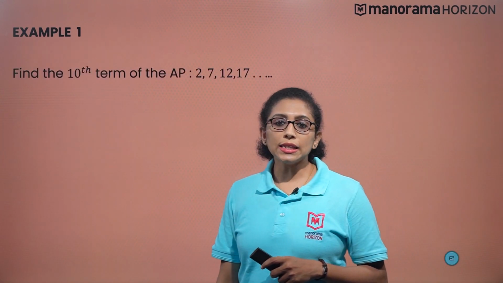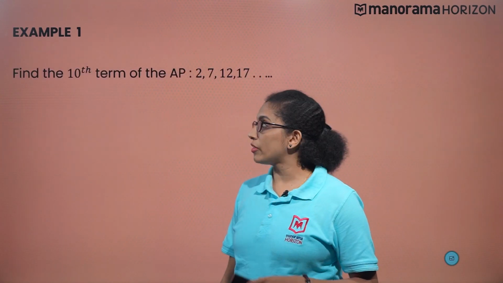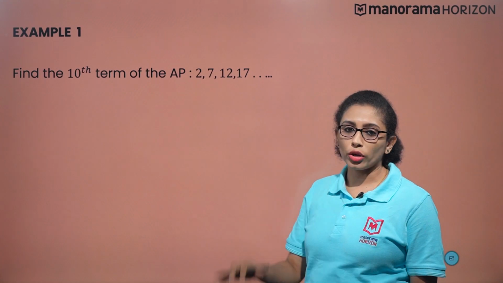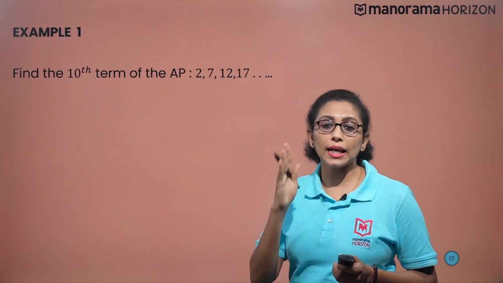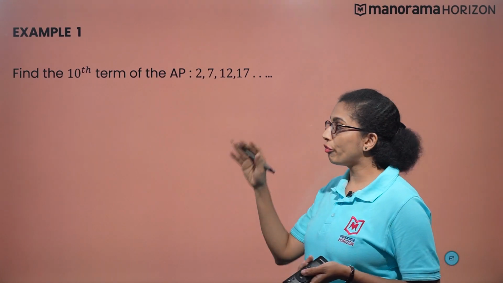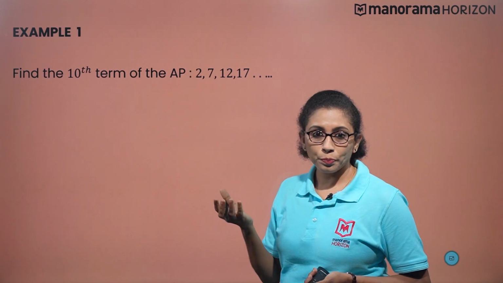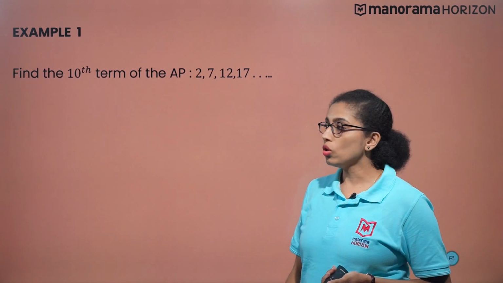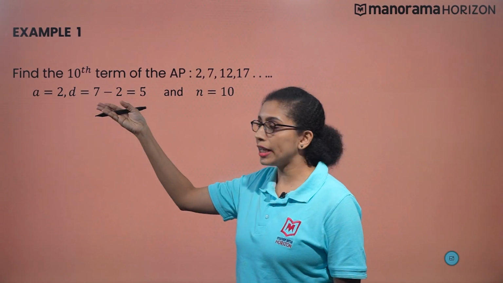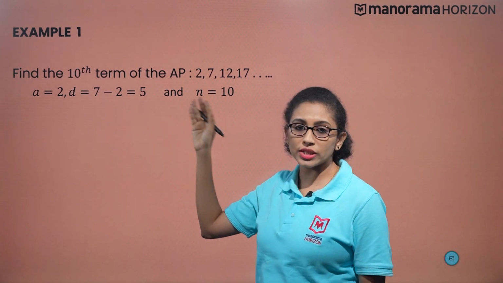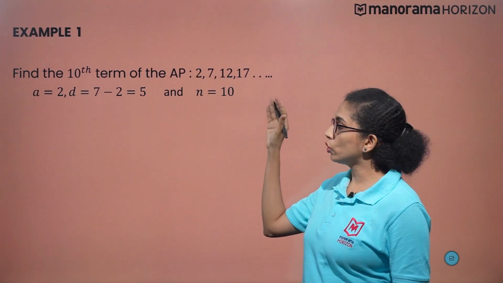Find the 10th term of the AP 2, 7, 12, 17, and so on. Here we have to find the 10th term, right? So, from the question, we can get the values of the first term and common difference. So, we get a equal to 2, d is equal to 7 minus 2, which is equal to 5, and n equal to 10.